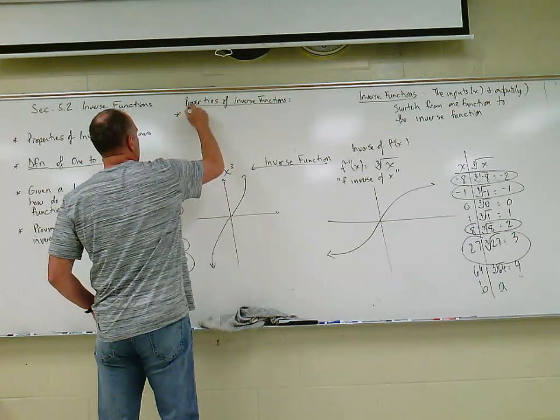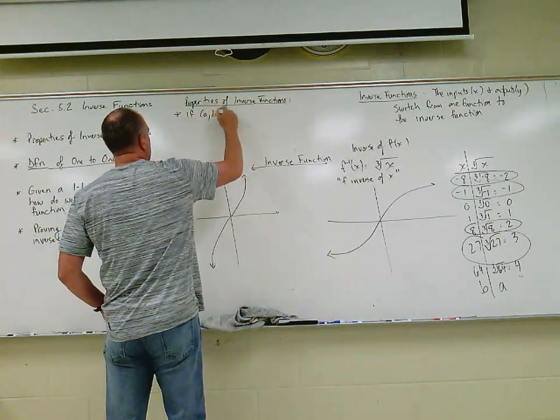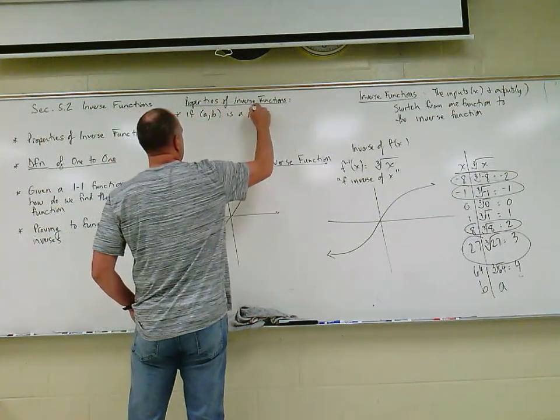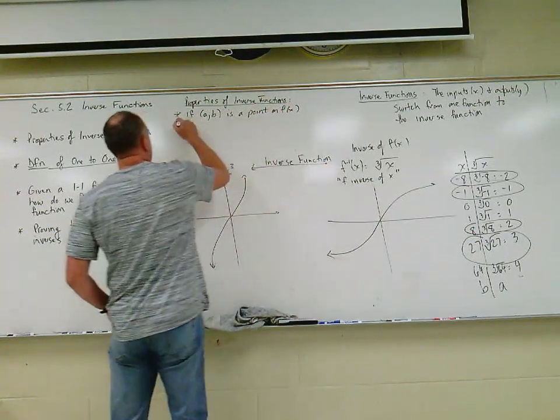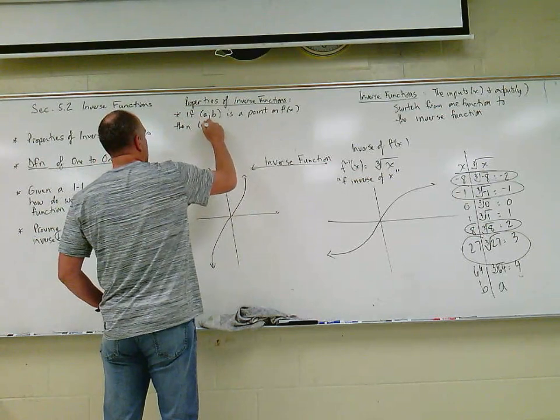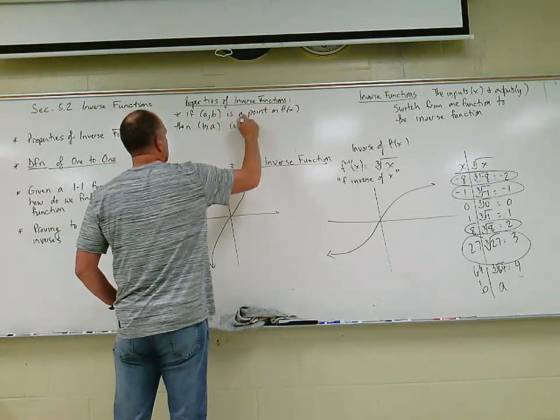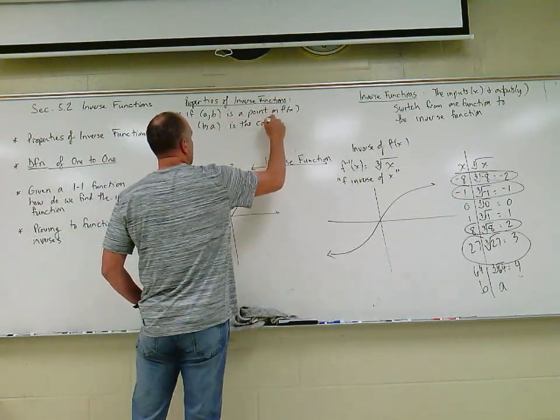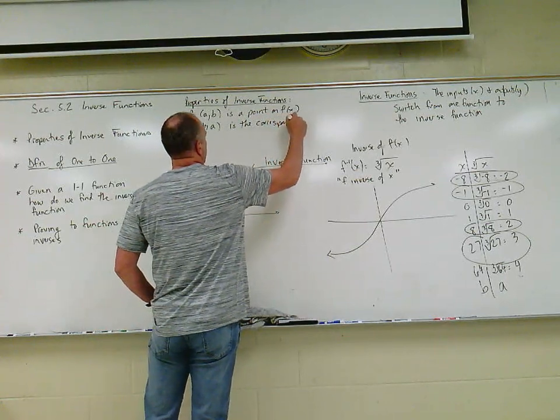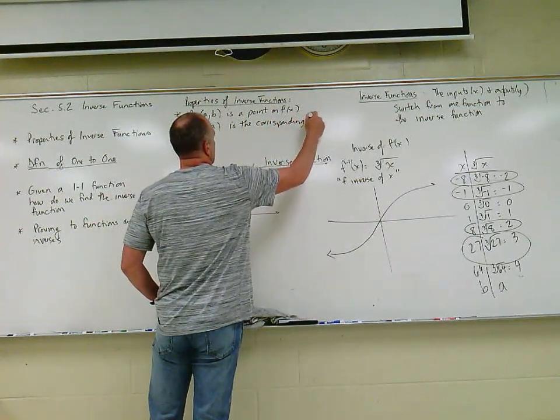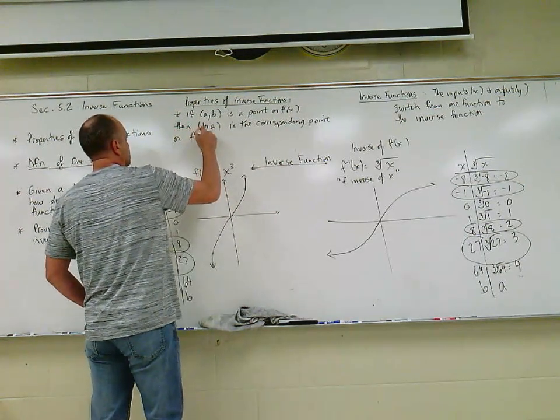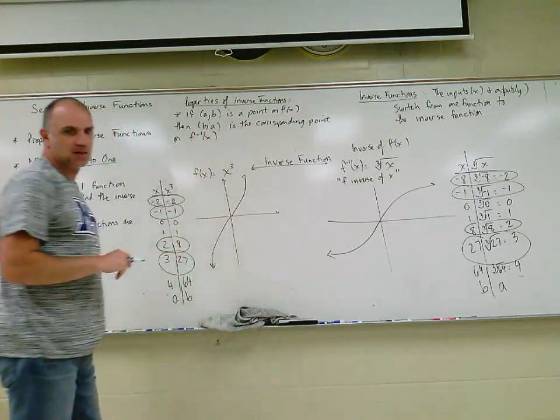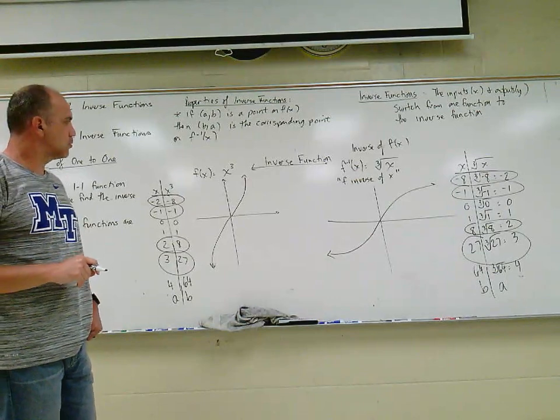If (a, b) is a point on f of x, then (b, a) is the corresponding point on f inverse of x. Okay, that's an important property.